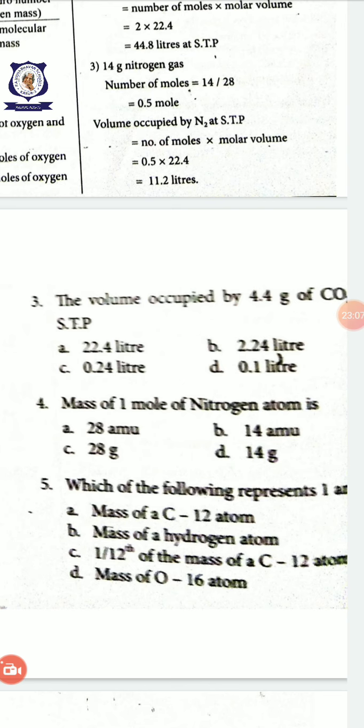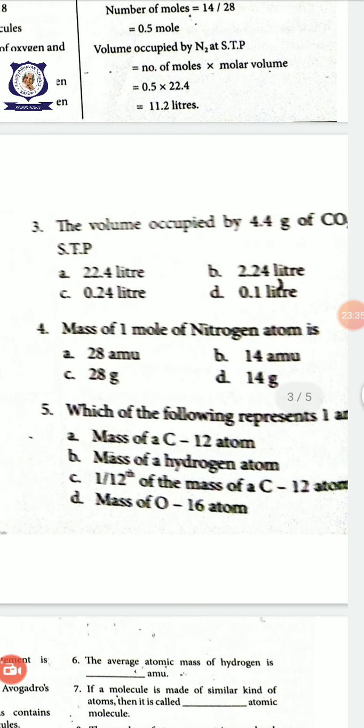Moles: 4.4 grams by 44, you make it 0.1. So 0.1 into 22.4 liters. While you are multiplying, you may get 2.24 liter.